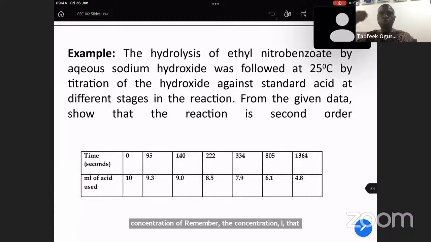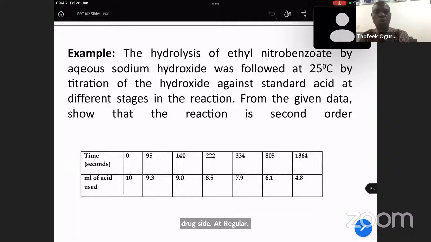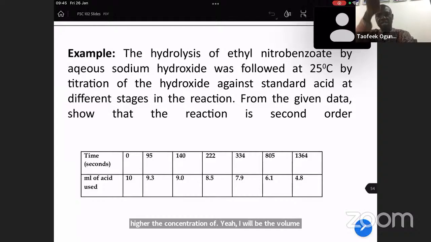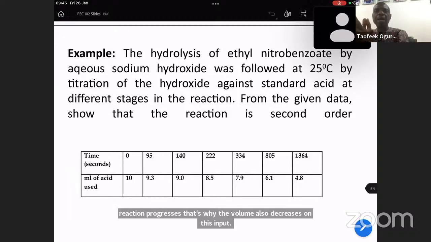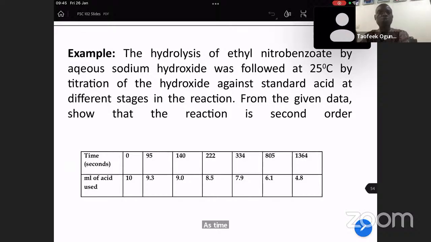What they were doing was titrating the sodium hydroxide at regular intervals to see what was left. Remember, the higher the concentration of sodium hydroxide, the higher will be the volume of acid required to neutralize that sodium hydroxide. Because sodium hydroxide is decreasing as the reaction progresses, the volume also decreases on this table. As time progresses, the volume of acid decreases because you have less and less sodium hydroxide in that reaction mixture.